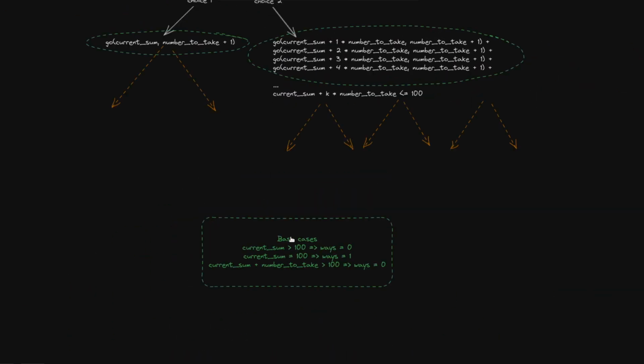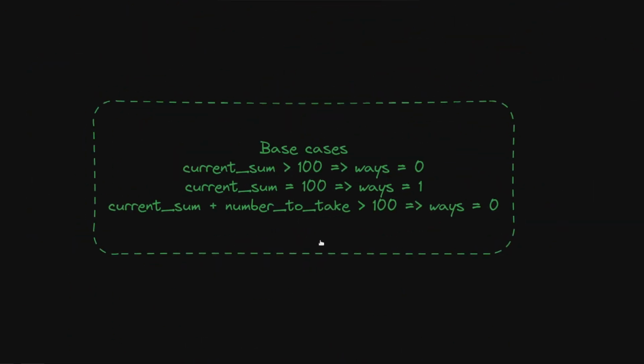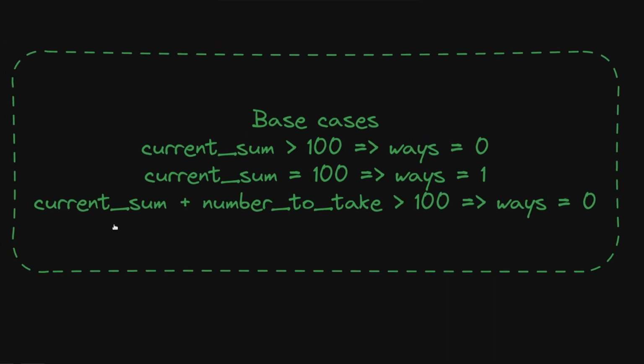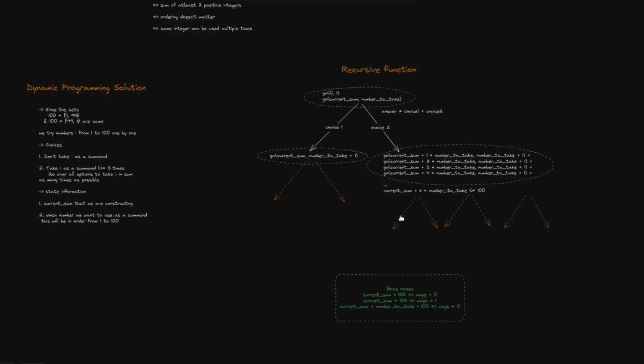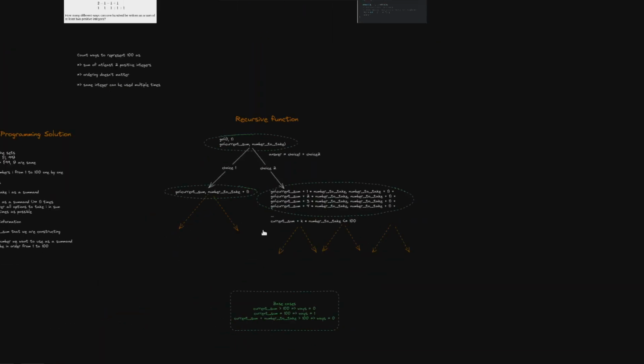Eventually they are going to converge to some base conditions. And it might be possible that the current sum that we have plus the number that we are inserting becomes greater than 100. So this case is also ensuring us that the sum will become greater than 100, and we can simply ignore that, as there is no possible way from here to make it equal to 100. So these are the base conditions. I hope the logic is clear.